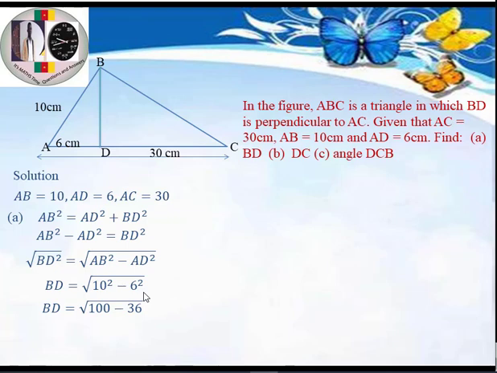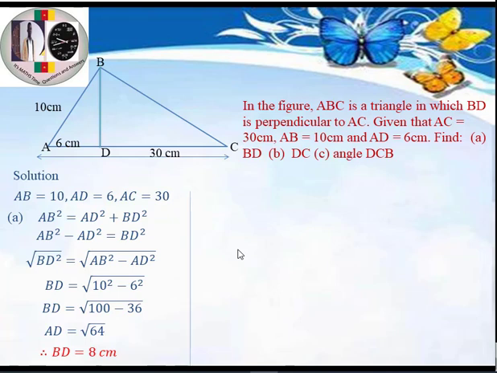So BD is the square root of 100 minus 36, and 100 minus 36 is 64. So we have BD equals the square root of 64, and the square root of 64 is 8. So BD is 8 centimeters. So that's what we have.